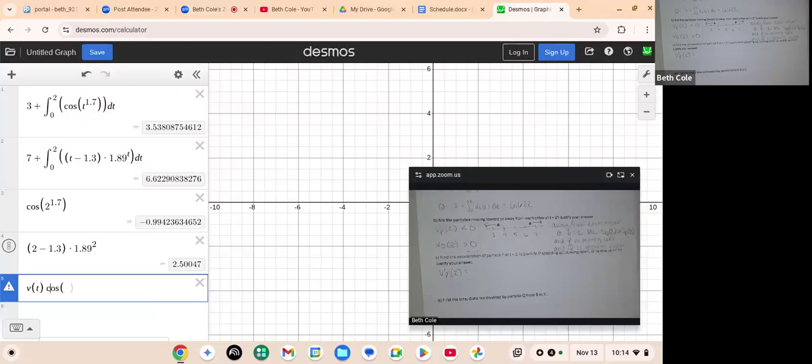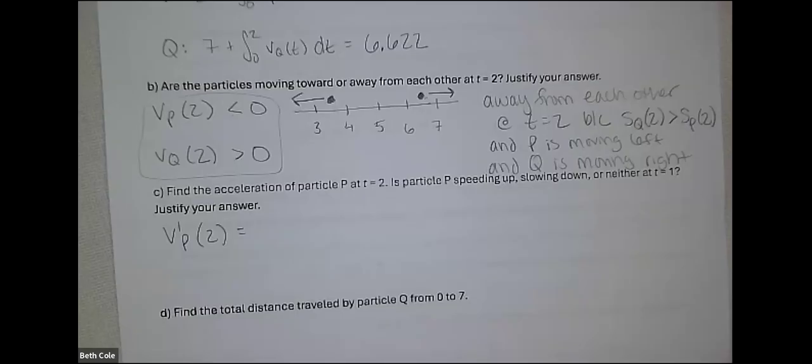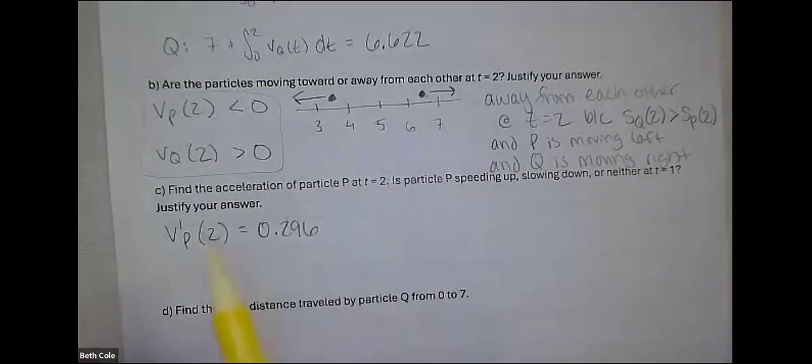Oops, I need an equal sign though. All right, so velocity equals cosine of t to the power 1.7. And I want to do the derivative at 2. So I got 0.296. All right, so cool. That's going to be worth a point.